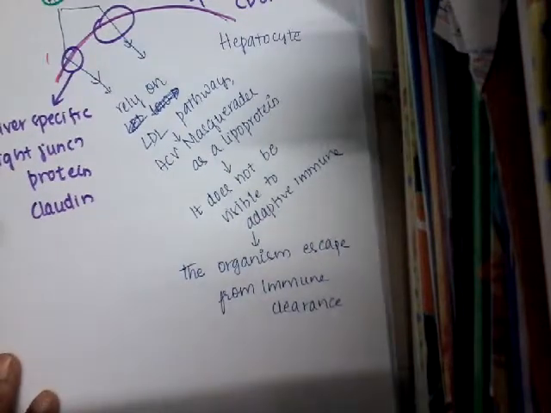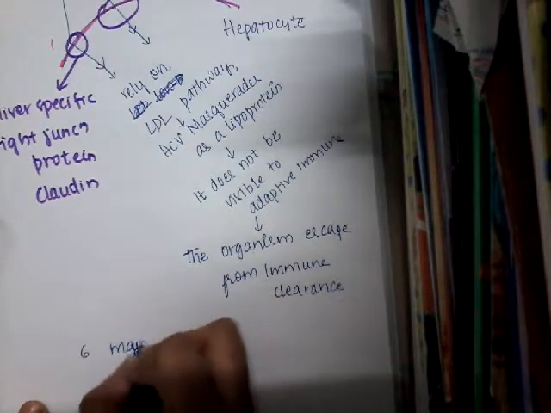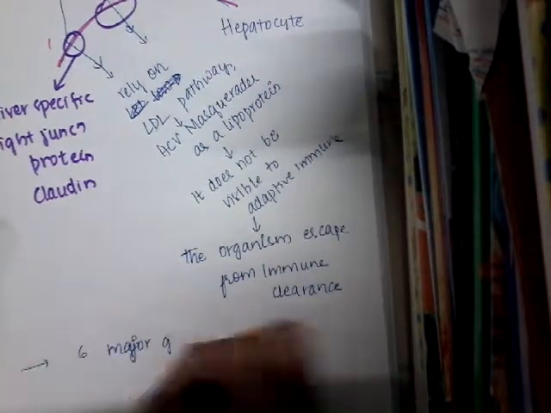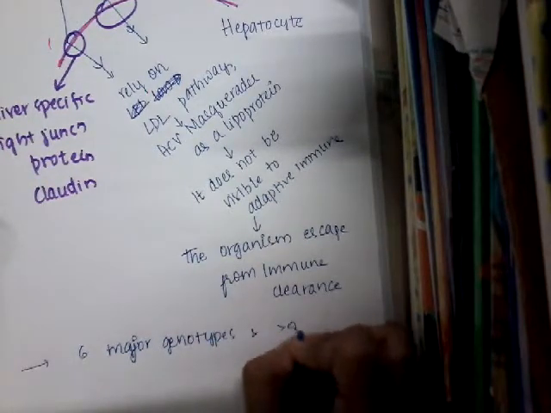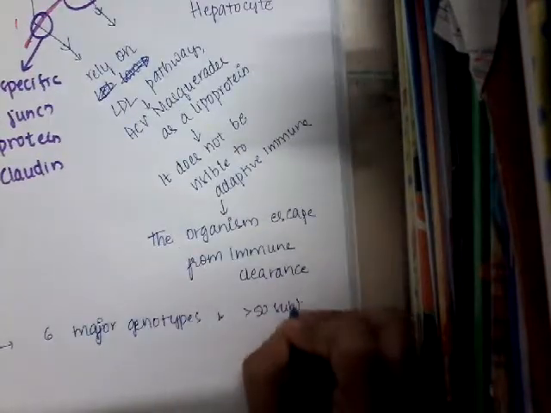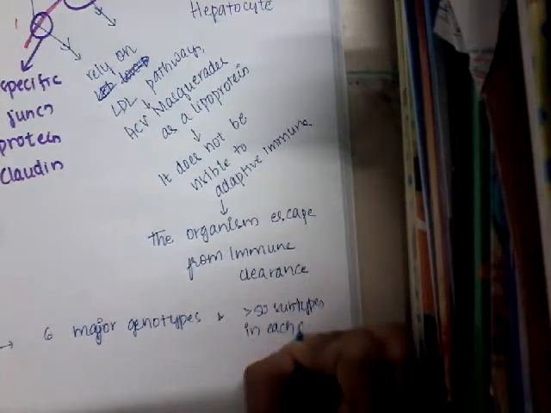Okay, so there are 6 major genotypes for HCV, and in each genotype there are more than 50 subtypes.